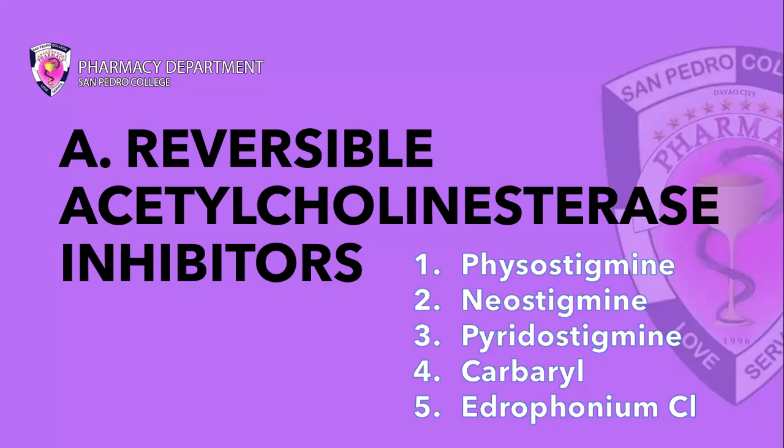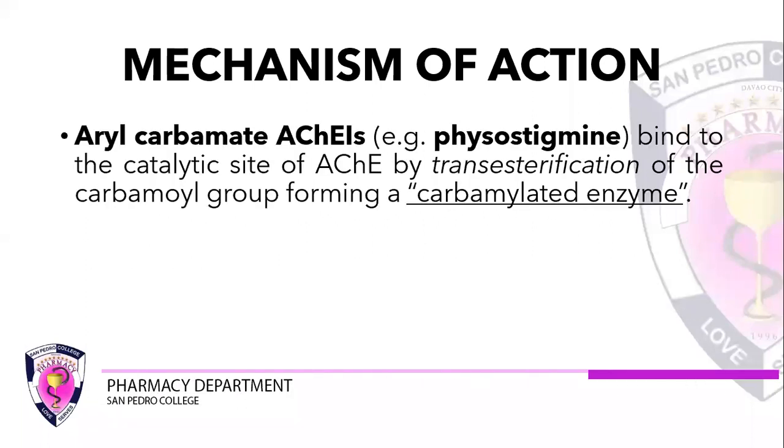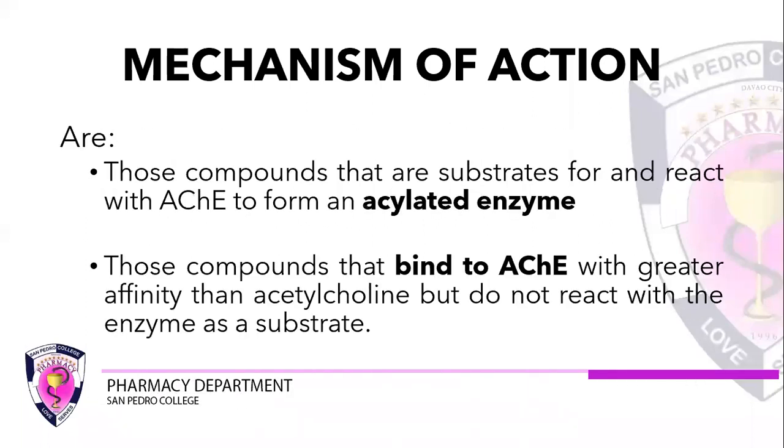So first one, for your reversible acetylcholinesterase inhibitors, we have the following drugs: physostigmine, neostigmine, pyridostigmine, carbaryl, and edrophonium chloride. So the mechanism of action of your reversible acetylcholinesterase inhibitors, these compounds are substrates for and react with acetylcholinesterase to form an acylated enzyme.